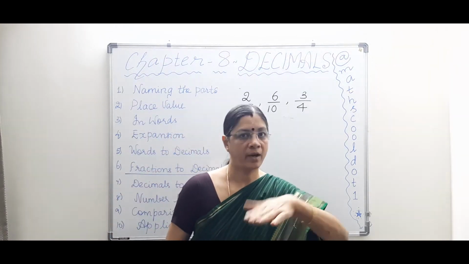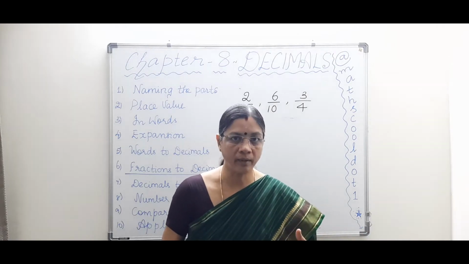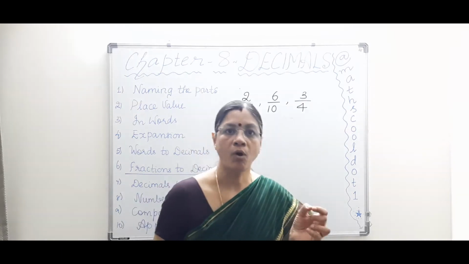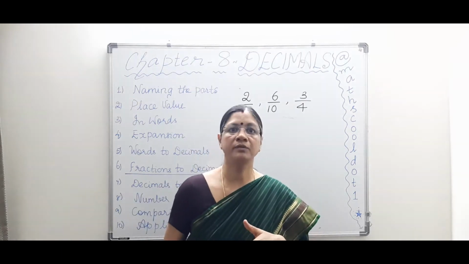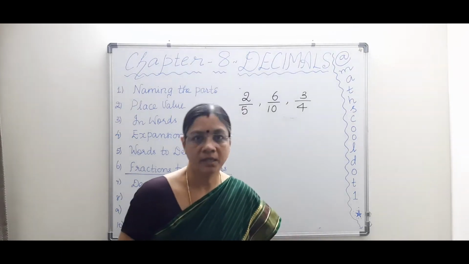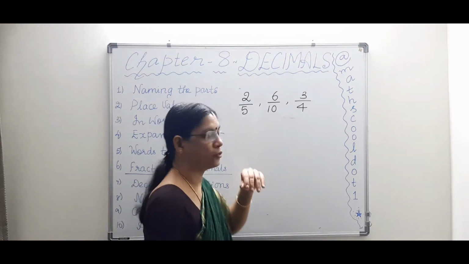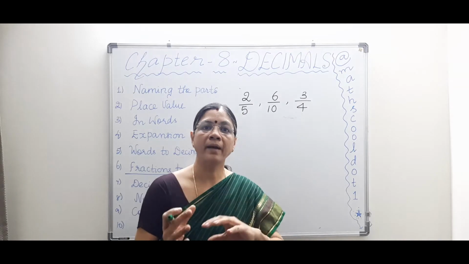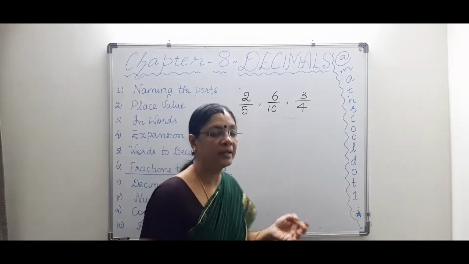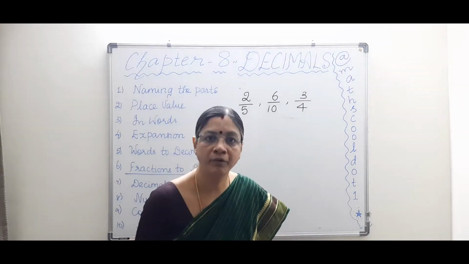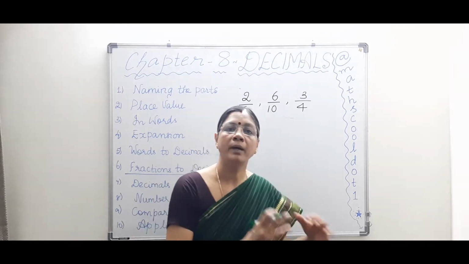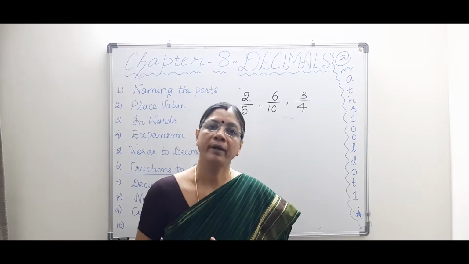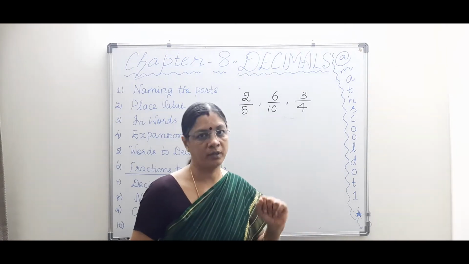One is direct division: by directly dividing, putting a point and then adding zeros to the dividend, we get decimal numbers as quotients. The other method is by converting the denominators. If you can convert the denominators to multiples of ten, it is very easy to find the decimal equivalent for the fractions.